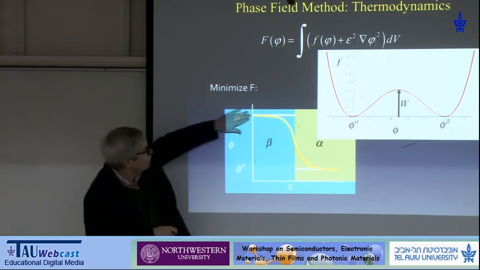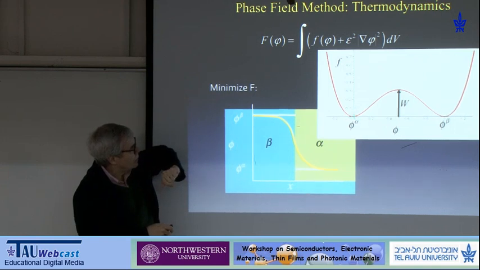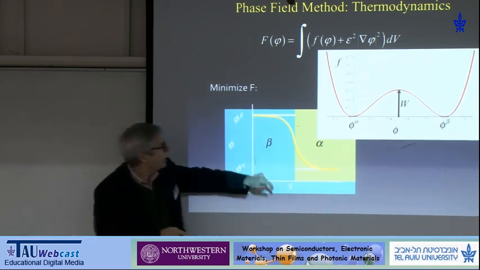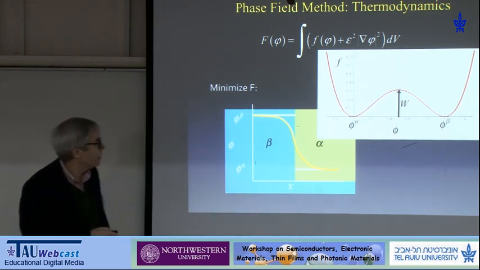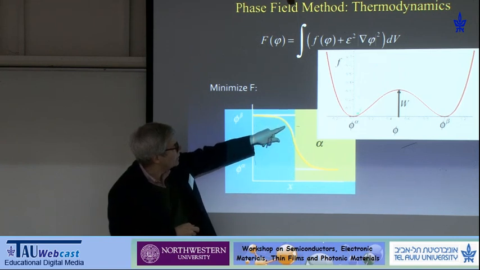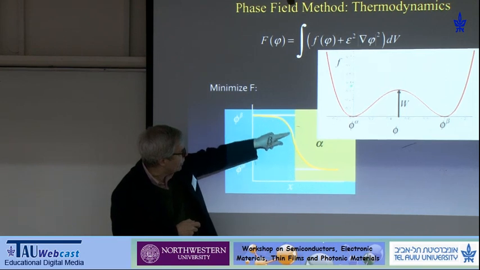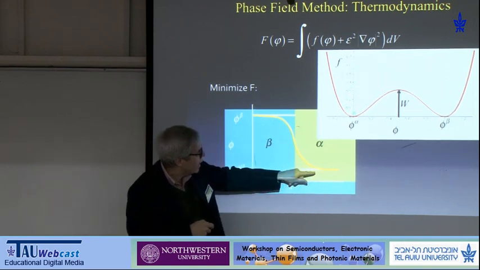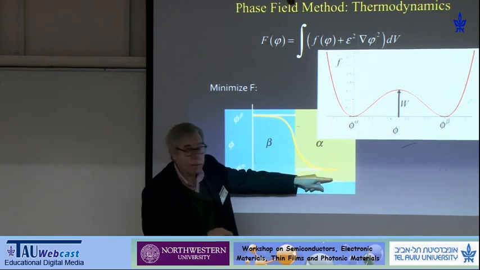Back here, where the gradients are zero, the bulk energy wins. And as you get close to the interface, within this atomic scale interaction distance, the gradients begin to become important. And what that does is that the bulk free energy of the material, as you go from here to here, actually goes up, over this barrier, and back down to here.